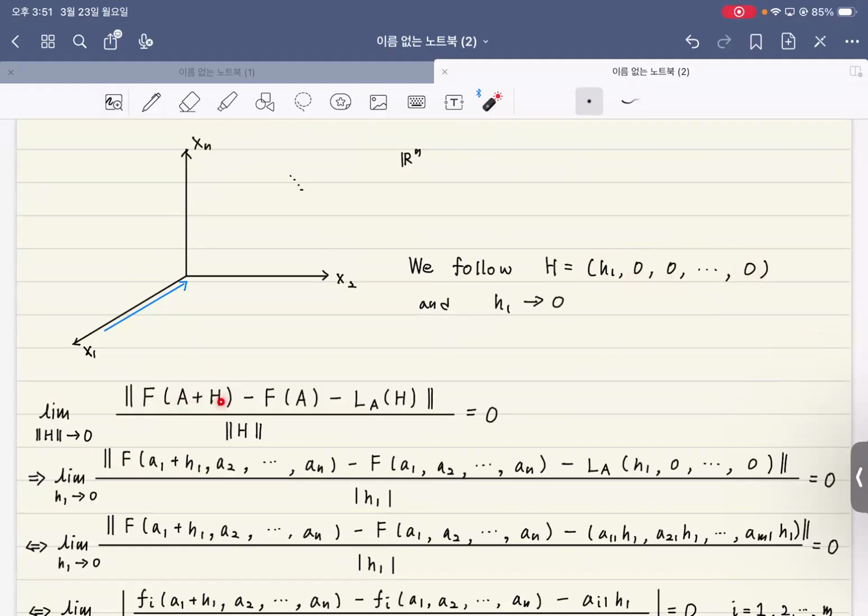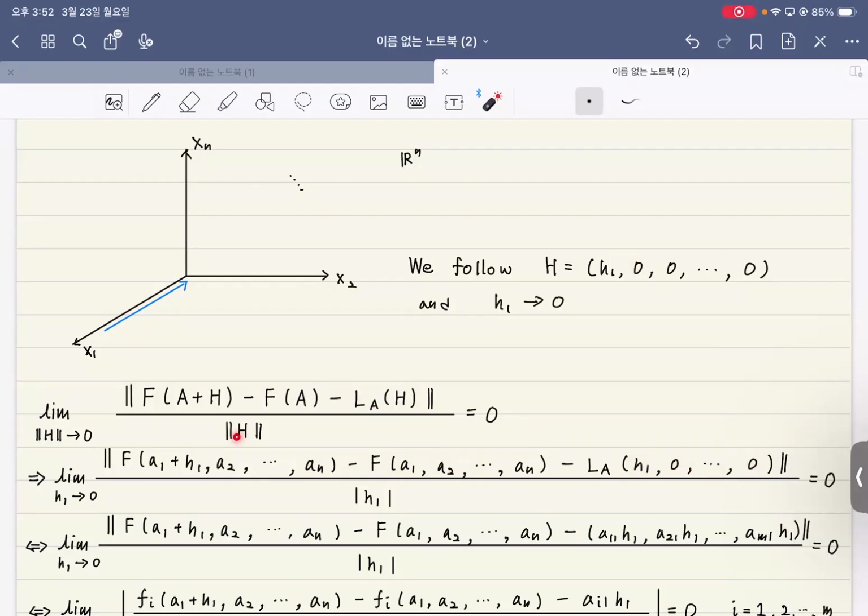So this is the sum of two vectors. A plus H would be like this: A1 plus H1, and the other components are the same as A, so A2, all the way to An. Minus F of A. And this is F, and this is A. Now minus LA times H, LA of H. And this is LA, and this is H1, then 0, 0, 0.